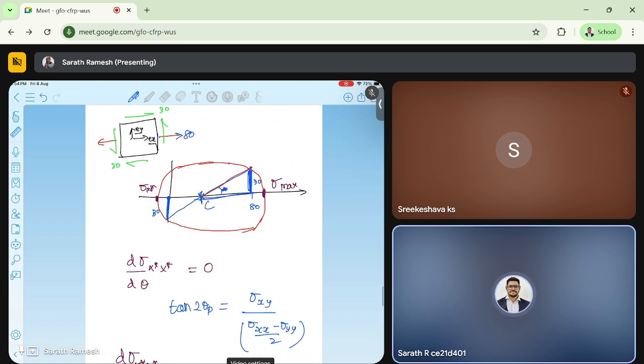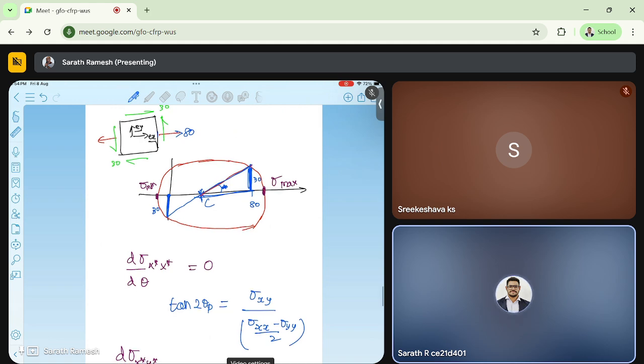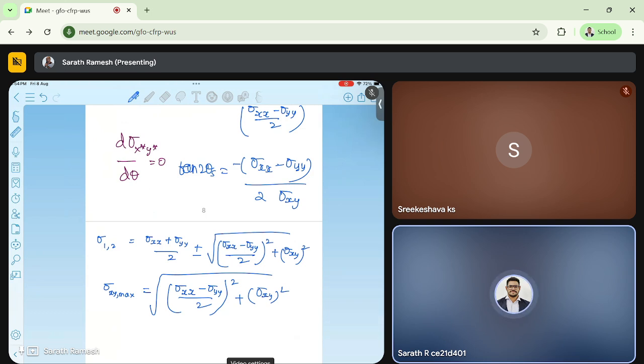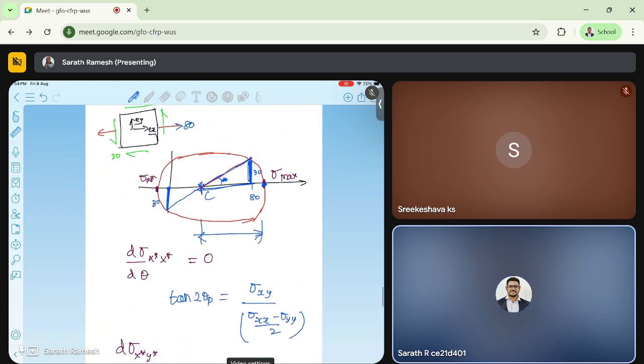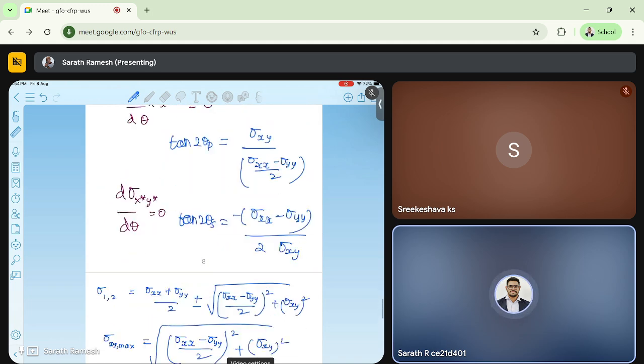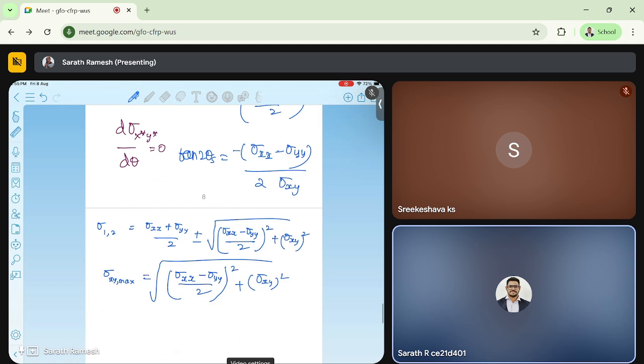This is the hypotenuse side. Similarly, my principal stresses are at this point, so my distance from here to here comes out as (sigma xx plus sigma yy)/2, that is from here to the center, plus the radius. The radius is this. And similarly, the other one is minus of that.